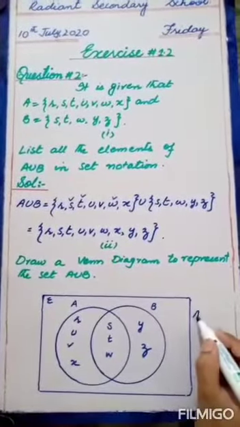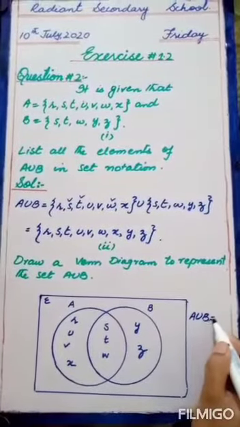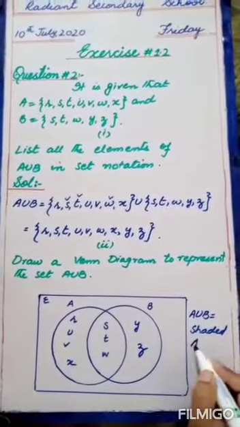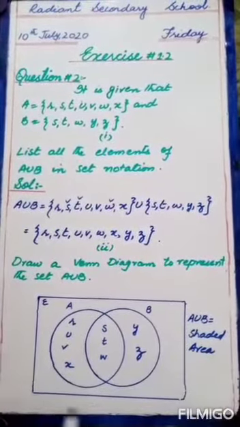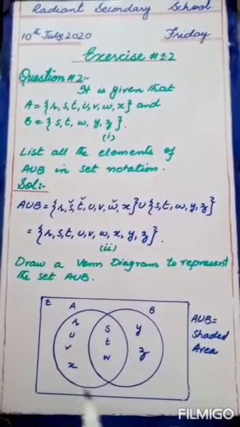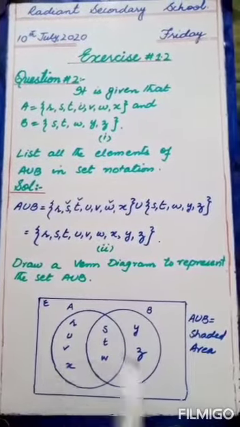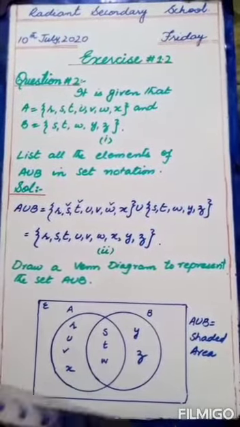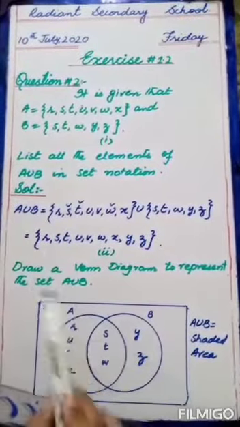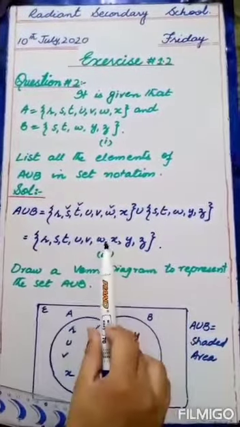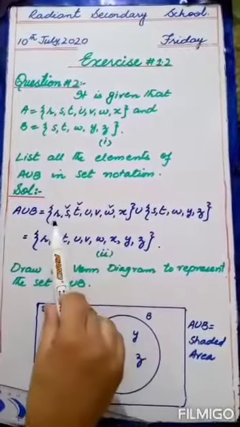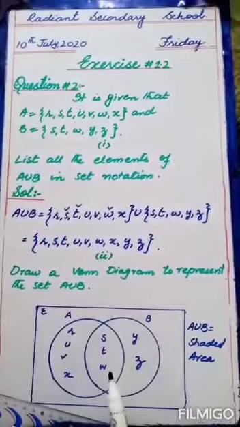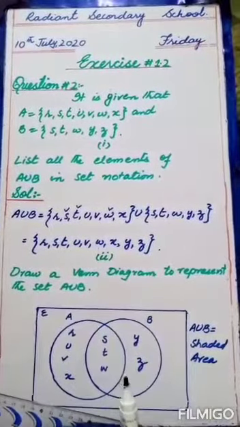So first of all, we have to write A union B is equals to shaded area. Clear? Shaded area. And how we will shade the area? You can use pencil for shading, very light shading should be there, or you can use lines for the shading. And you know that we have to shade all the area. Why? Because all the area of A and all the area of B will be included in union, because in union we have to combine.